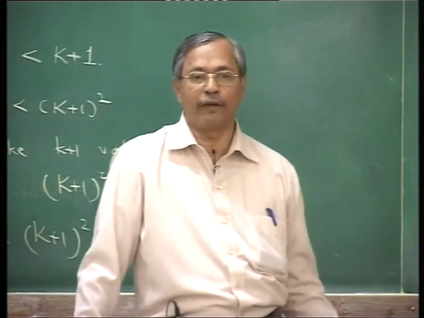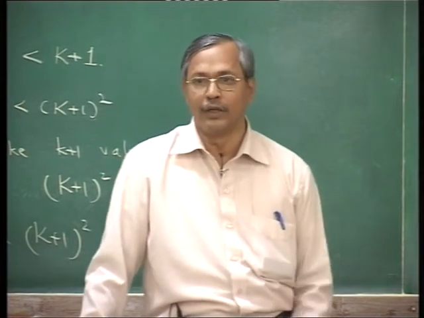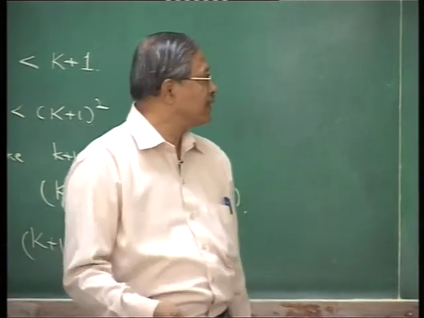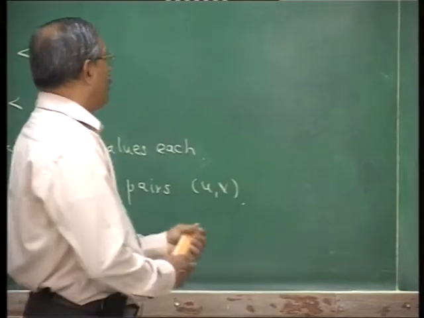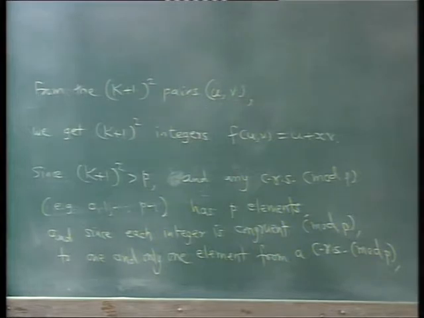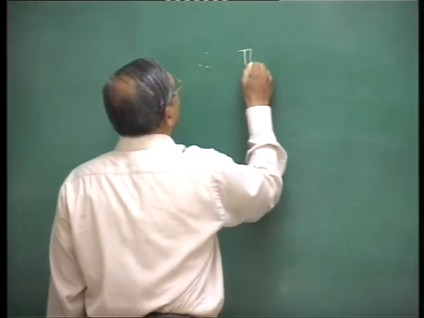But the number of pigeons, that is the number of these integers f(u,v), is more than p. Therefore, there should be two f(u,v) which are congruent to the same number. So there are different values (u1,v1) and (u2,v2) for which the corresponding values of f are congruent mod p.